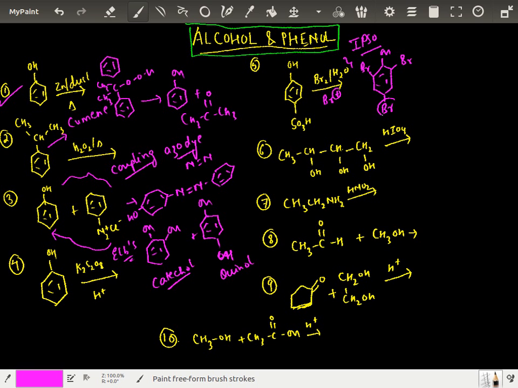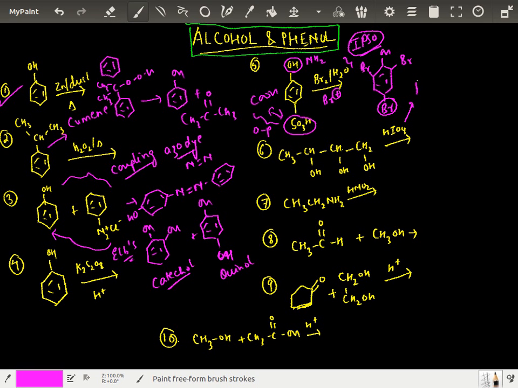This is the strange thing happening, and this is called the ipso effect. Now which compounds can show it? Phenol or aniline. It can be phenol or NH2, or here it can be SO3H or it can be a carboxylic acid, but they should be present at the ortho or the para positions. Only in that case they are replaced.